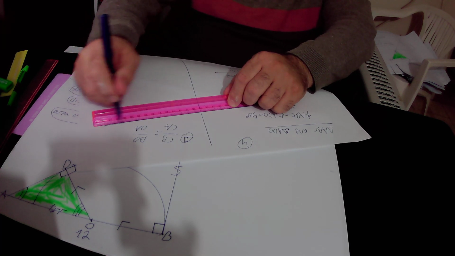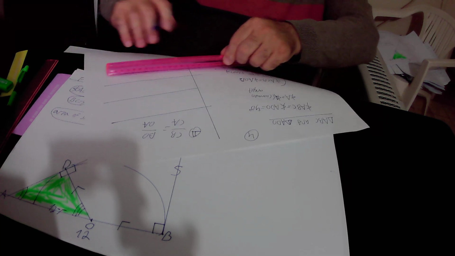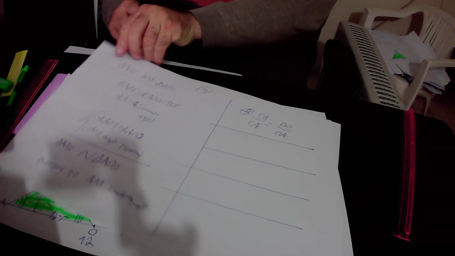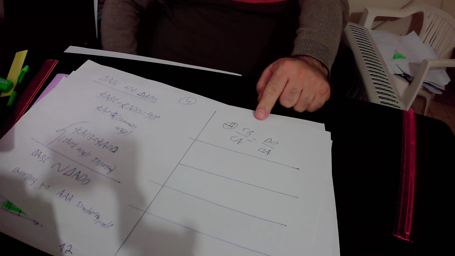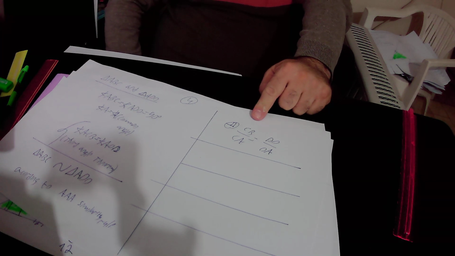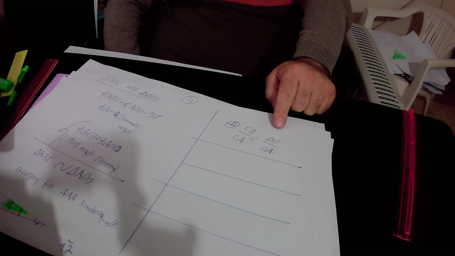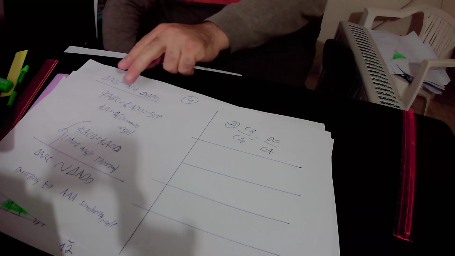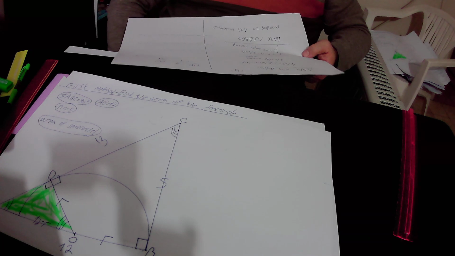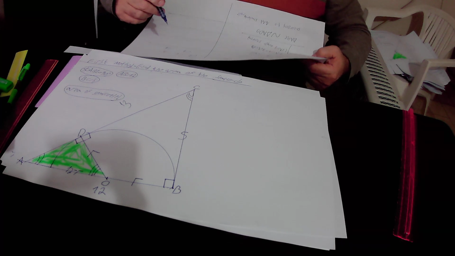From the fact that triangle ABC is similar to the green triangle, we will conclude that CB over CA in triangle ABC is equal to DO over OA in the green triangle, triangle ODA. Okay, and we know that CB equals 5 units.